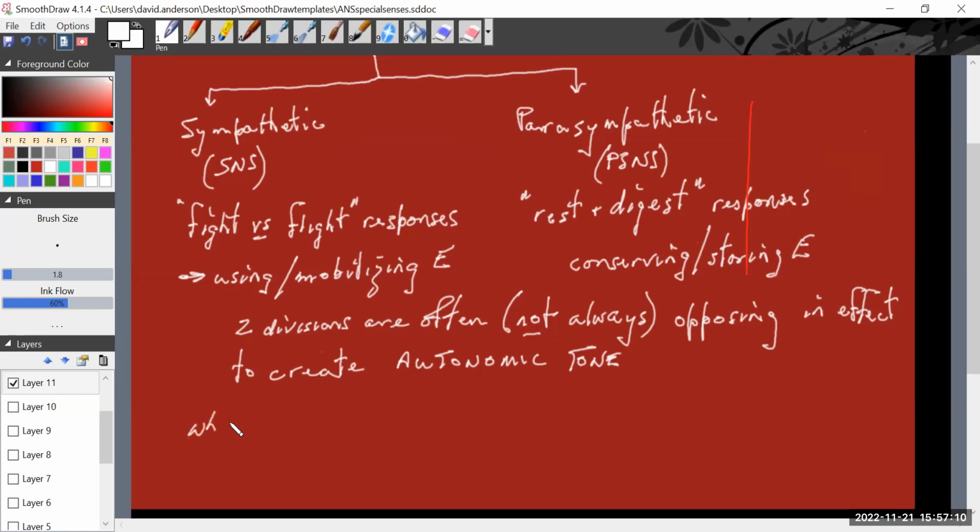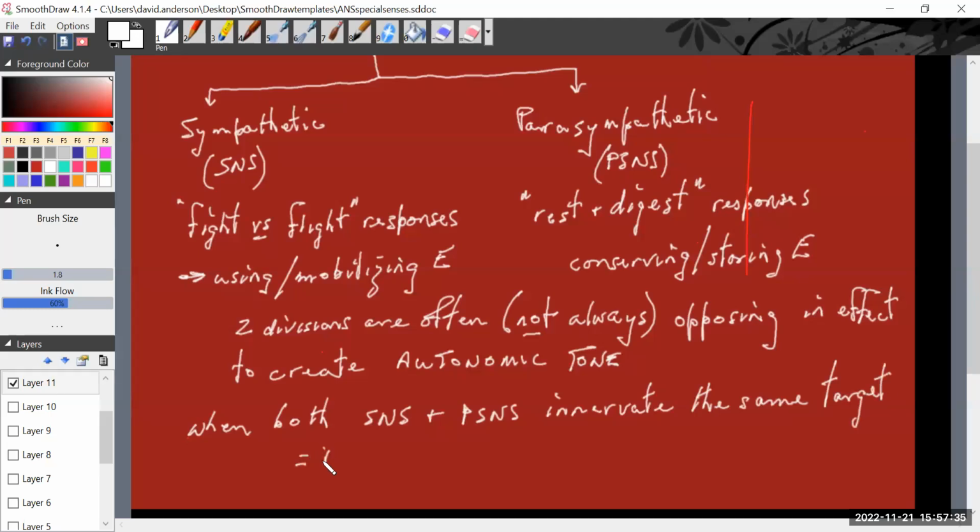So when both divisions, that's the SNS and the PSNS, okay, so what we see is when both divisions of sympathetic and parasympathetic target the same tissue, it's called dual innervation.